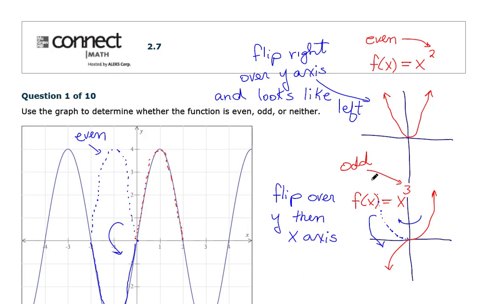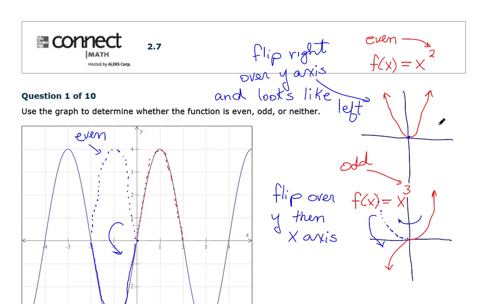It happens that these are sort of the prototypes for functions that share similar features. And that is, if I take the origin here, and I take the right side of the graph and I fold it over the y-axis, it will look exactly like the left-hand side.